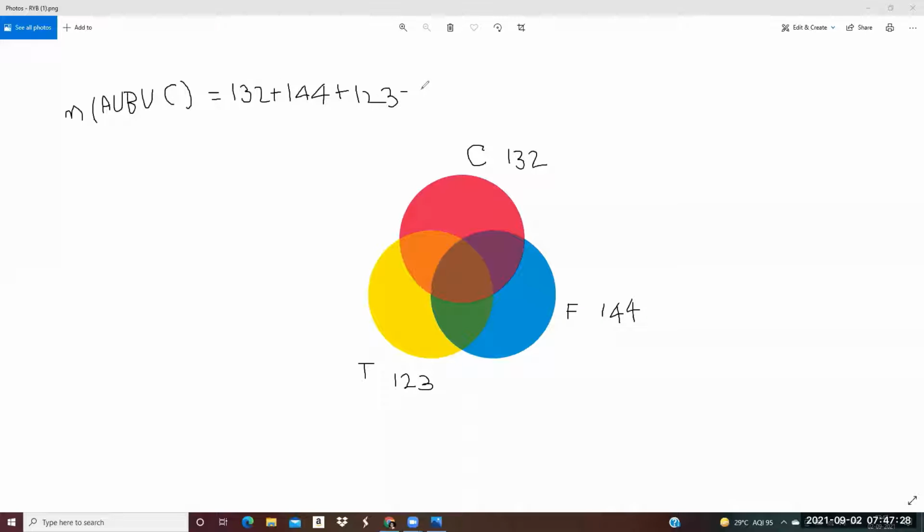So let's go with 58. And then C intersection T, which is cricket and tennis, and that is 25. And the last one is 63 for football and cricket. The order really is not important here.